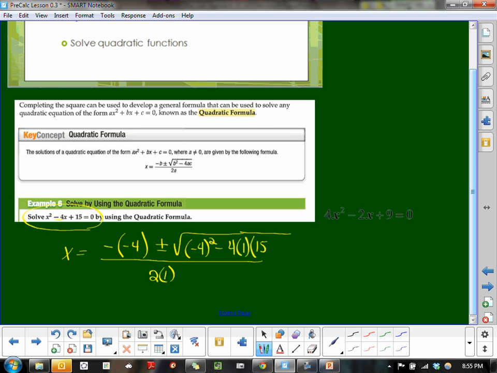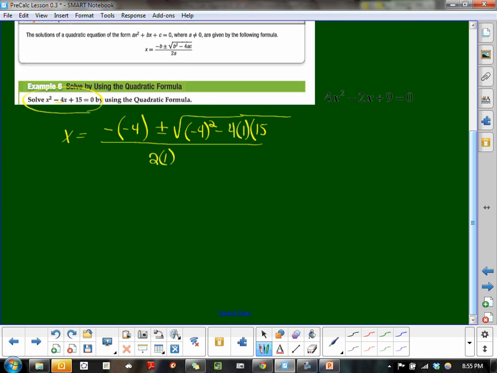Okay, so now we're going to do our calculation. So the -4 is a +4, plus or minus the square root. Make sure that when you square this, you always get a positive, whether it's a -4 squared or a +4 squared. A square is going to give you a positive, and 4 times 4 is 16. You only have one negative here. It's a -4 times 1 times 15, but that's going to be -60, all over 2 times 1, which is 2.